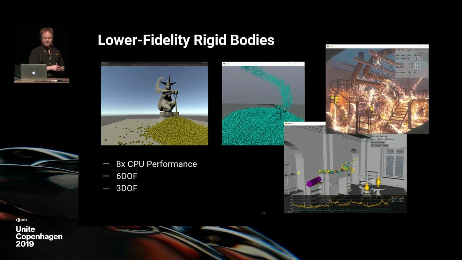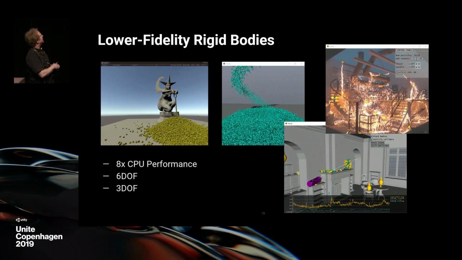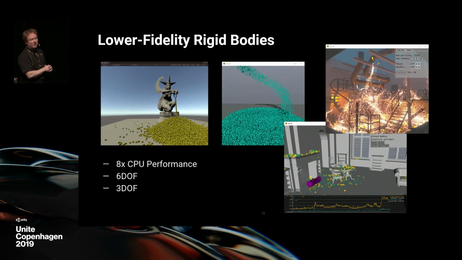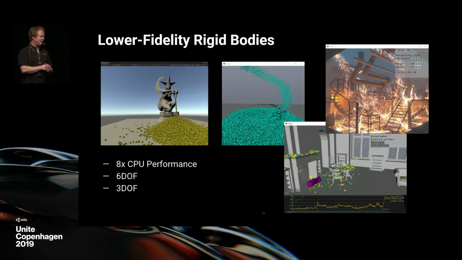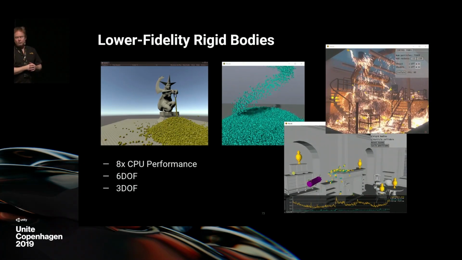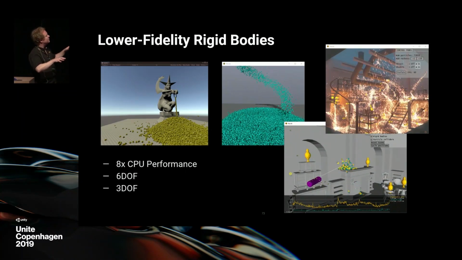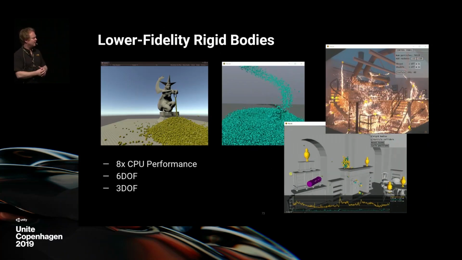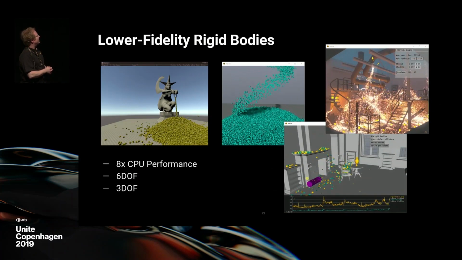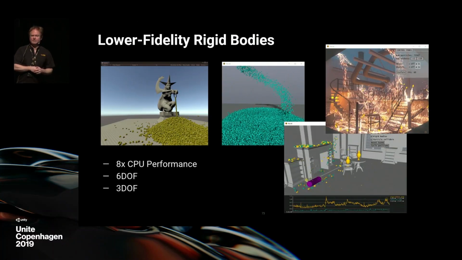Here are some examples. That worst case scenario of piling 12,000 bodies on the surface now becomes possible with the performance you can get from these lower fidelity rigid bodies. In this particular scene at the bottom, where we're shooting up bodies, we're showing the difference between what would happen if you used a full-fat rigid body, is that the right term, or the low-fidelity version, and you can see the performance graph at the bottom and what the differences are.